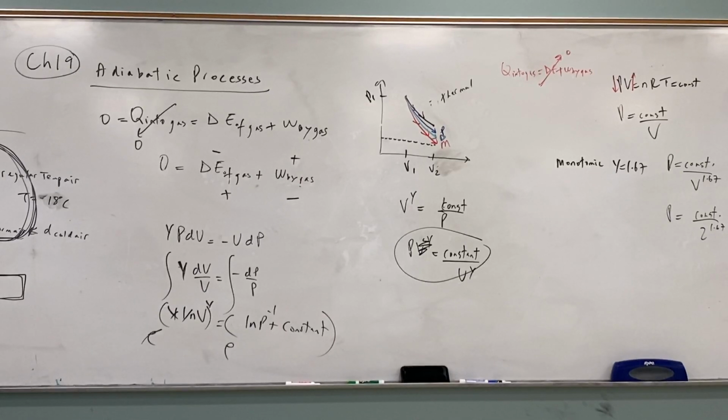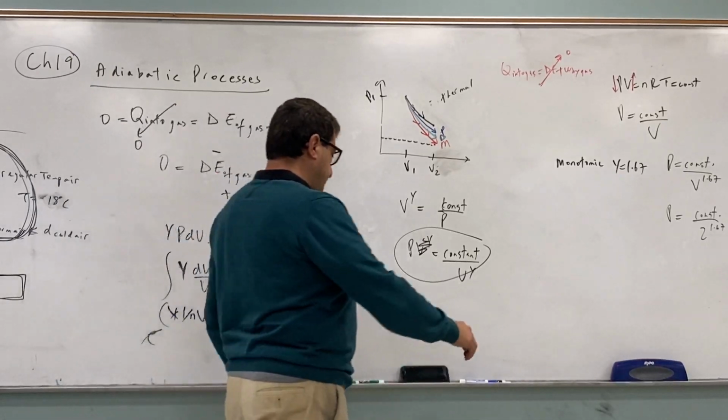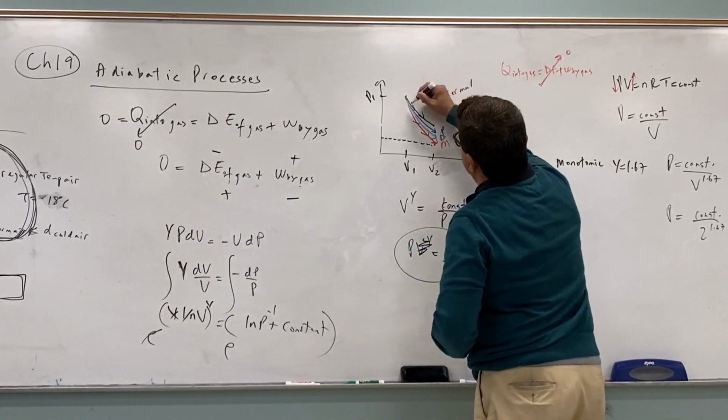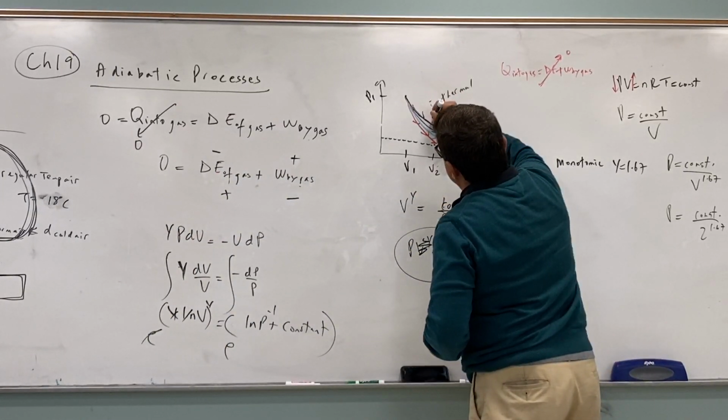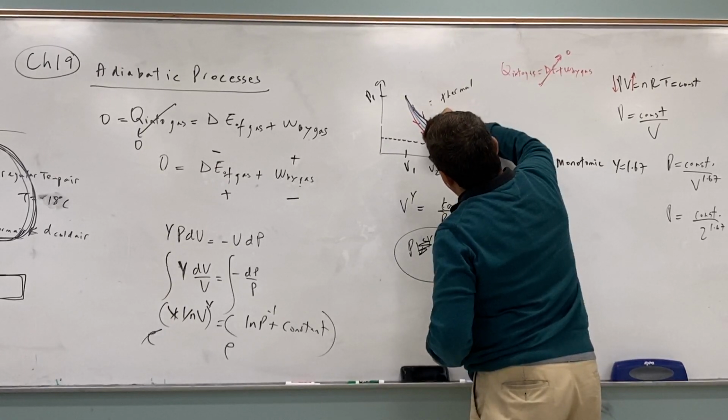So what are they trying to show? They're saying that if you expand adiabatically, you're going from one isothermal graph into another isothermal graph. You see? So in other words, I could imagine an isothermal graph like this, and then draw another isothermal graph like that.